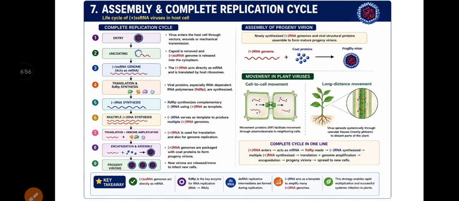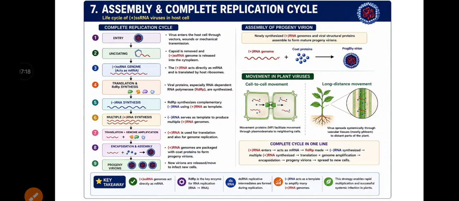Okay, now I think everybody is clear about the multiplication of positive strand RNA virus. Simply remember, positive sense RNA means it directly acts as mRNA, so it will translate its own protein. Virus will not carry any enzyme or anything.